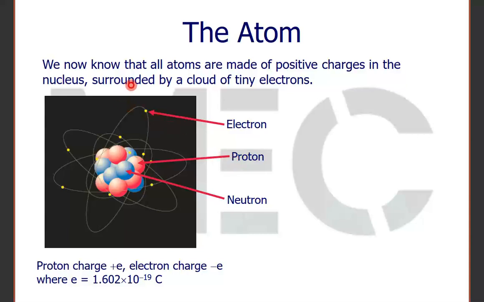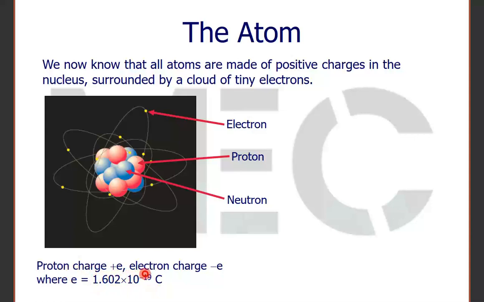We now know that all atoms are made of positive charges in the nucleus, surrounded by a cloud of tiny electrons. The charge of an electron is negative 1.602 times 10 to the negative 19 coulomb. Coulomb is the unit of electric charge. Proton charge is positive e.